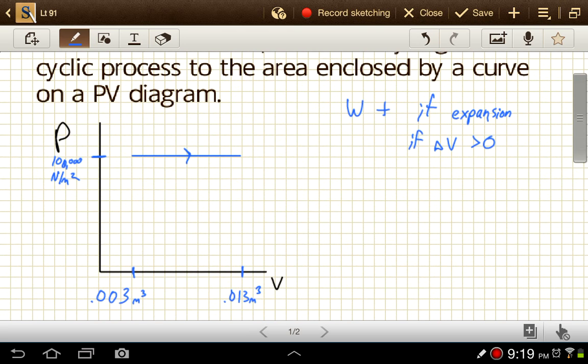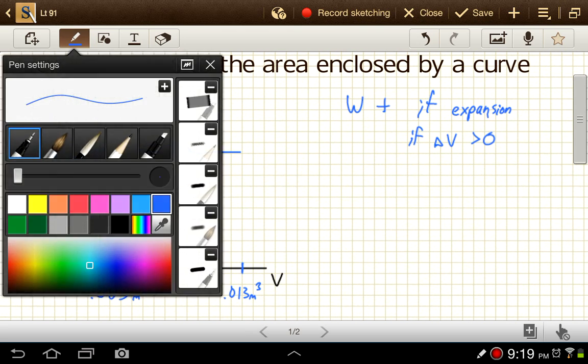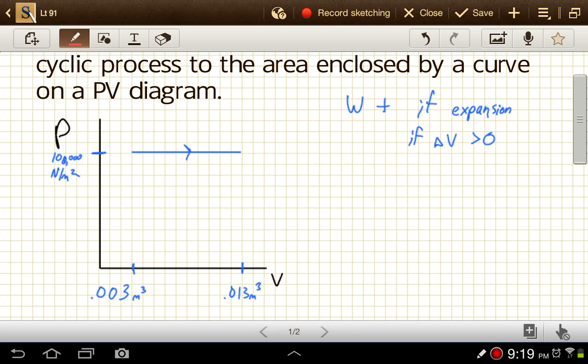So we've actually done a little bit with calculating work for certain processes like this. We said if we have a constant pressure, or an isobaric process, then the work is equal to the pressure times the change in volume. So work here would be equal to the pressure, which is 100,000 newtons per square meter, or pascals, times the change in volume.